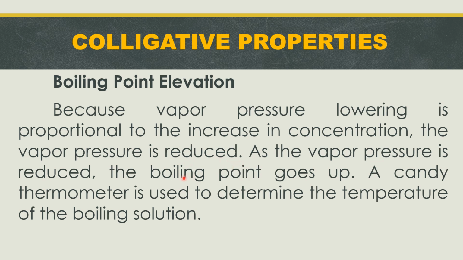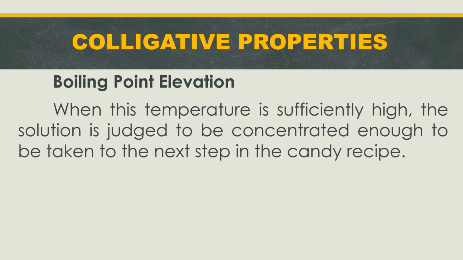As the vapor pressure is reduced, the boiling point goes up. A candy thermometer is used to determine the temperature of the boiling solution. This is, again, an application of boiling point elevation in the production of candy. When this temperature is sufficiently high, the solution is judged to be concentrated enough to be taken to the next step in the candy recipe.